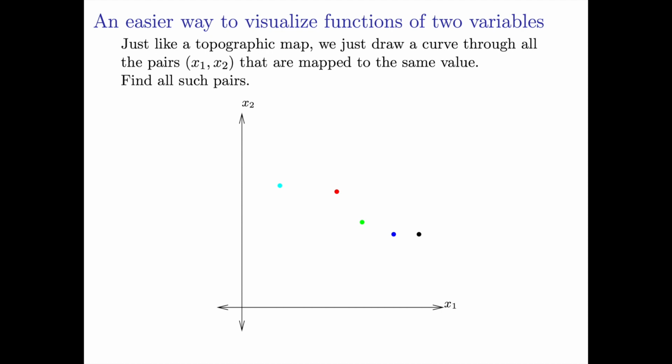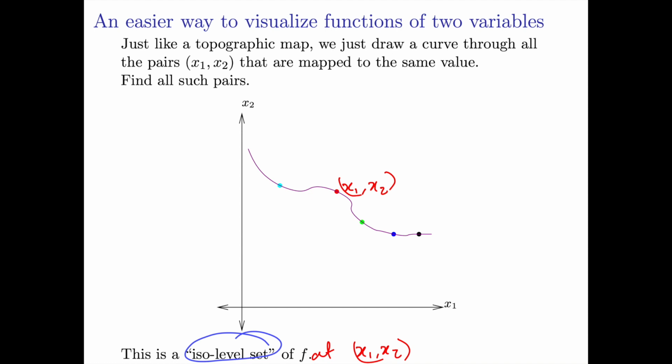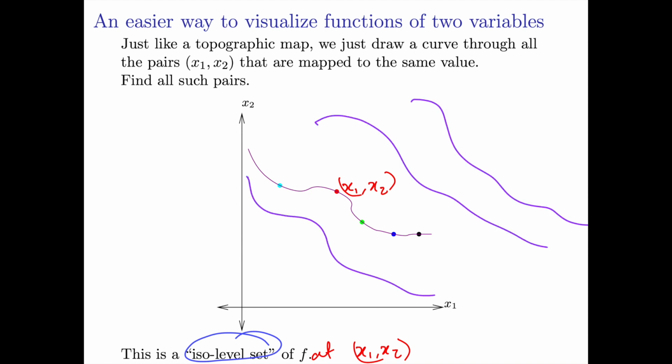And you can keep doing this, and maybe you find all these different points. What you do is you just draw a curve through that. This is what we call an isolevel set of f at x1, x2. So if you drew all of the isolevel sets, you might get something like this. If you move along one of these curves, all the points map to the same value according to f. That's how we're going to visualize functions of 2 variables.